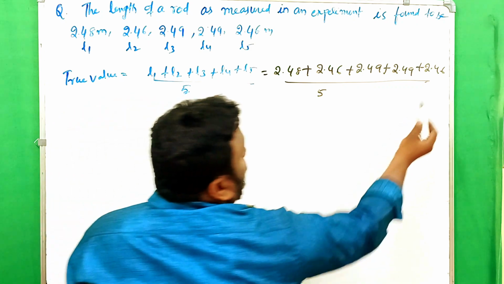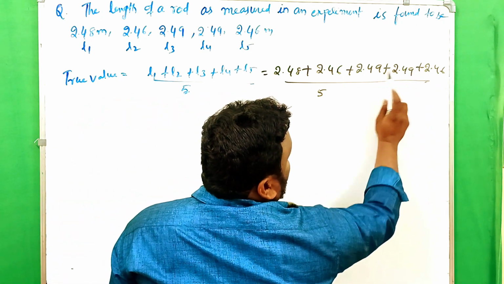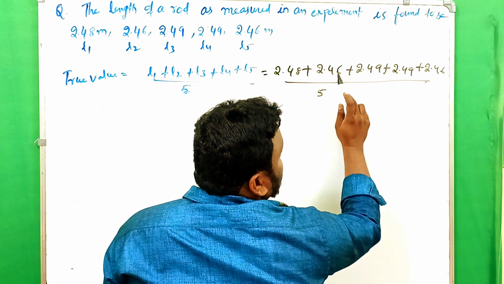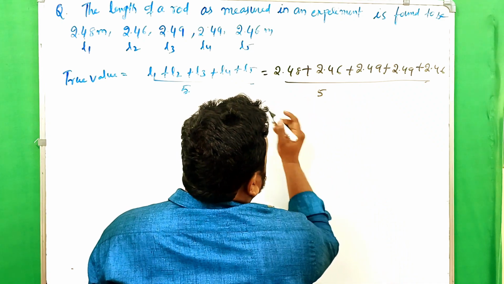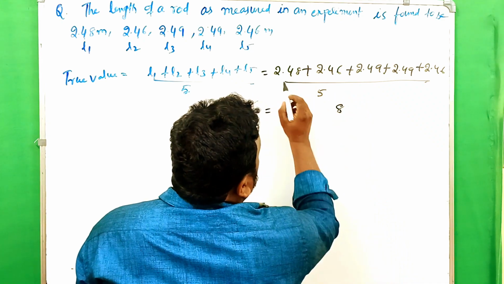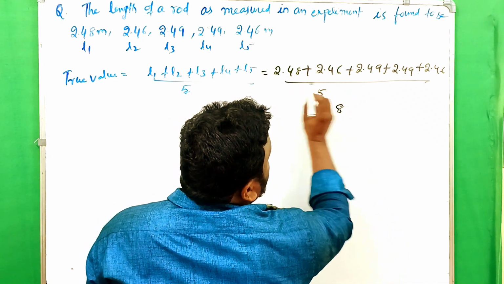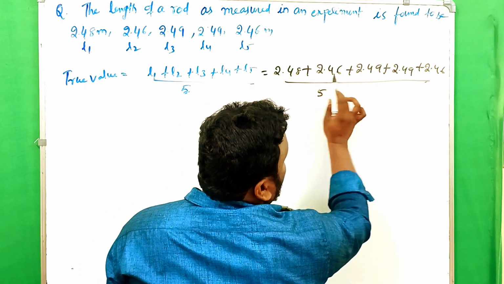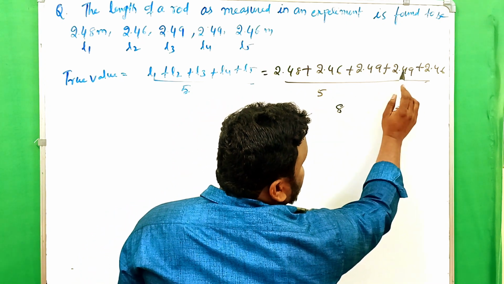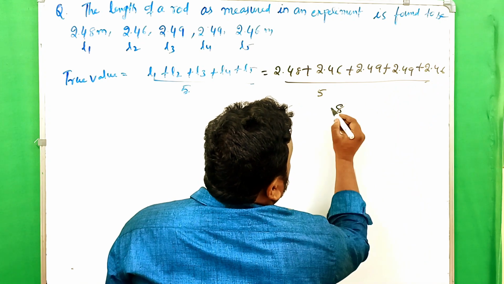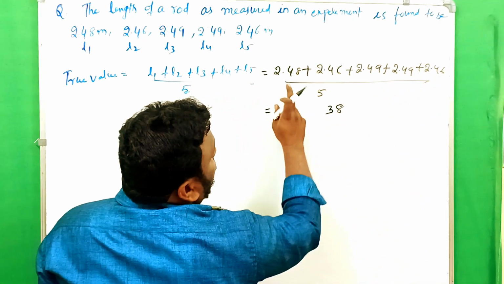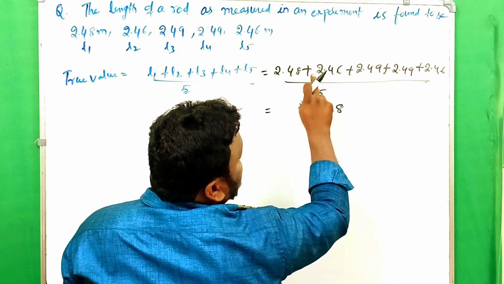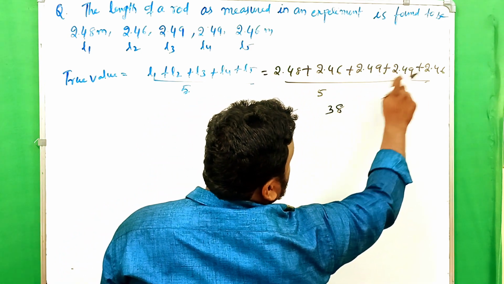Clear? 6 plus 9, 15, 15 plus 9, 24, 24 plus 6, 30, 30 plus 8, 38. Then 7 plus 3 plus 4, 7, 7 plus 4, 11, 15, 19, 23. So 4 plus 6 plus 8 plus 10 plus 12.